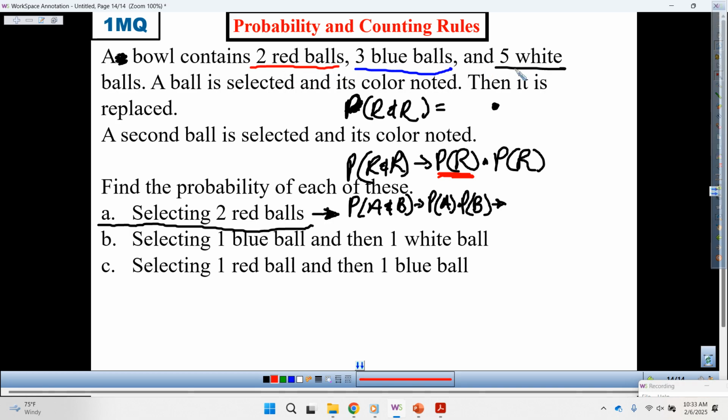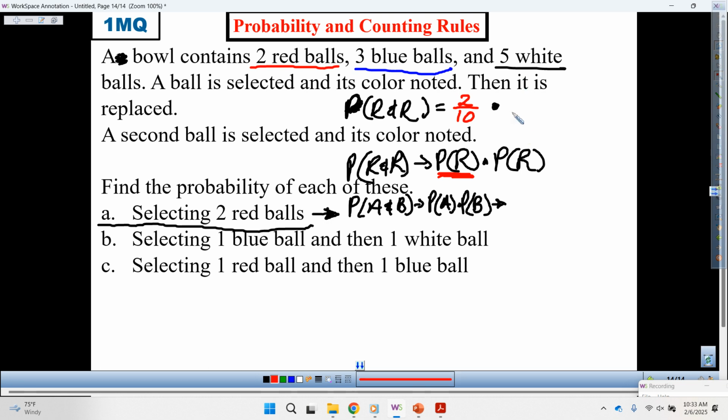You'll pass it to who? Alexa. Probability of getting a red one. 2 divided by what? That is correct. 2 out of the total, which is 10.